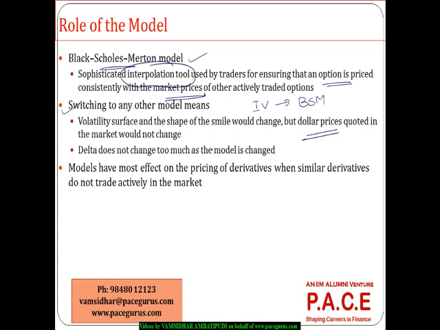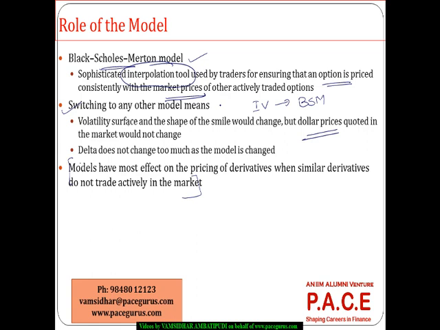So the model, yes, has an effect on the pricing of derivatives when similar derivatives do not trade actively in the market. Otherwise, if they are traded actively in the market, I don't see switching to any other model having any significant impact.